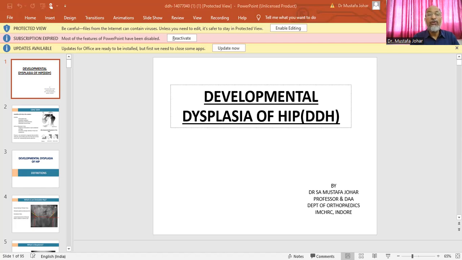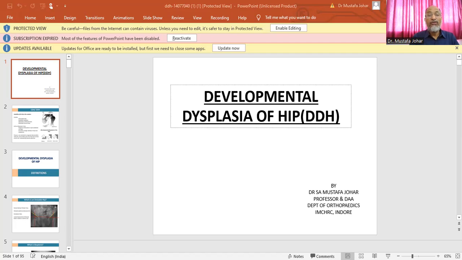In subluxation, the femoral head is not fully in contact with the acetabulum, but there is some amount of contact remaining; it is not completely out of the acetabulum.